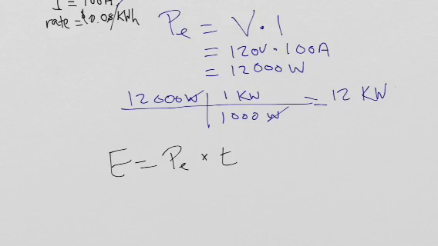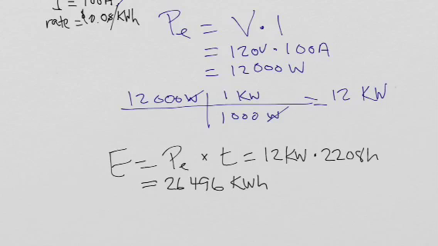What is our electrical power? We just figured it out, 12 kilowatts. And what is our time? 2,208 hours. If we multiply these two, we will get a number in kilowatt hours. So that gives us 26,496 kilowatt hours, kilowatts from the electrical power and hours from the time.